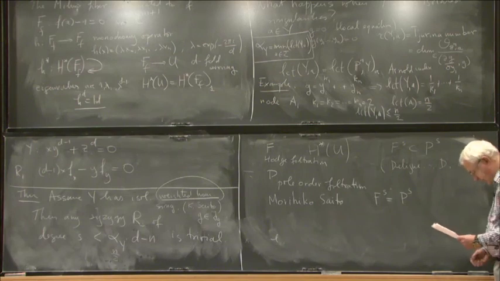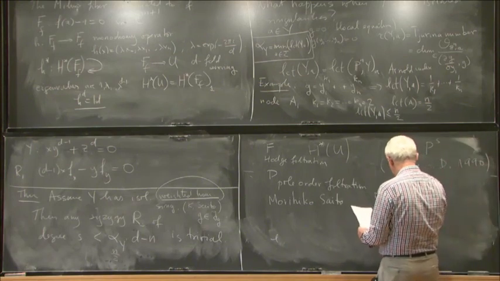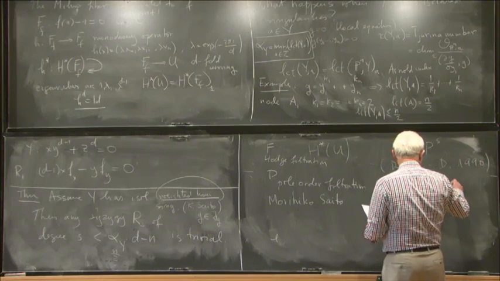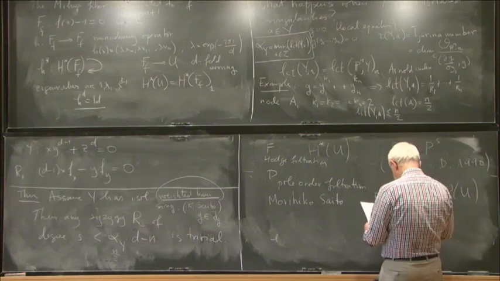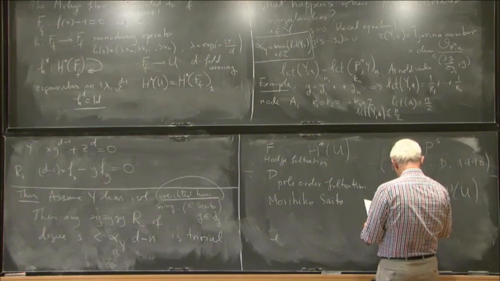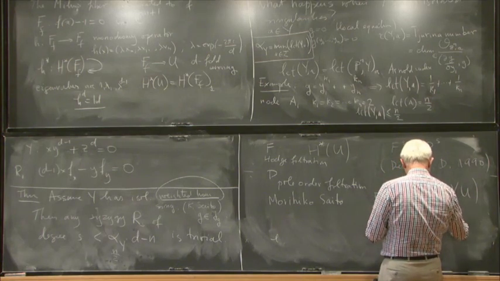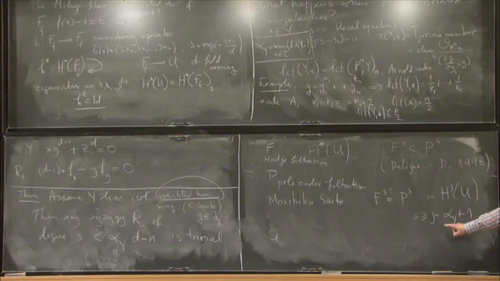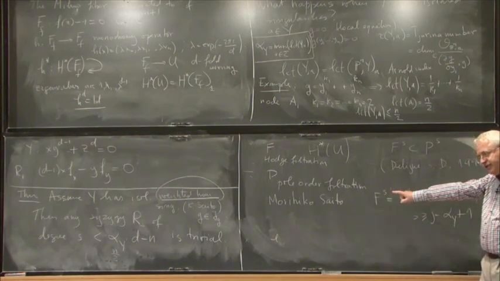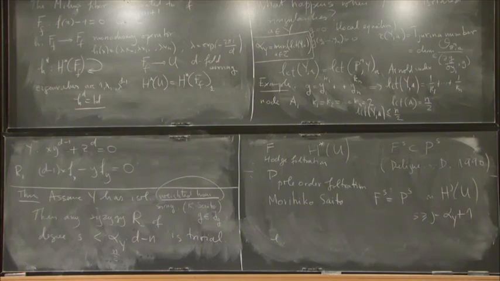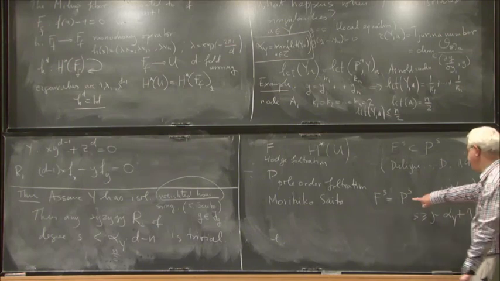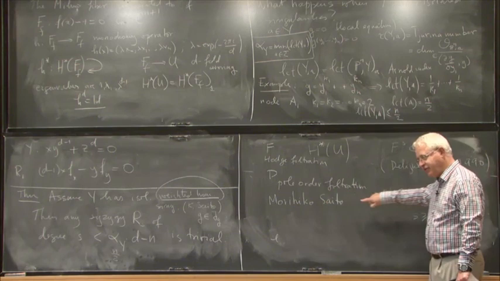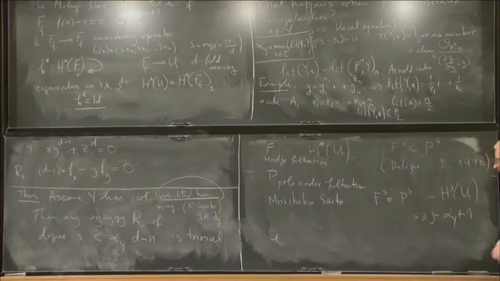So the ranges are, if we are in the cohomology, then this s should be bounded. And so in some ranges which depend on this invariant, we have equality between these two filtrations. And because of that, we can use the pole order filtration in order to compute Hodge filtrations.